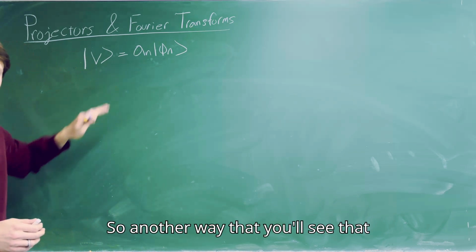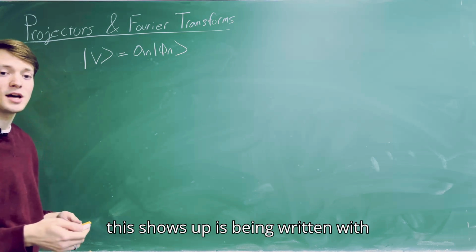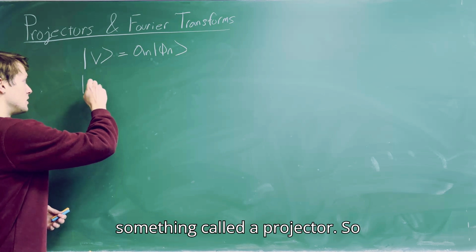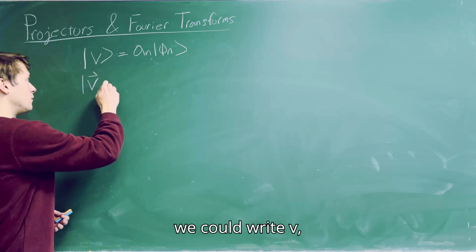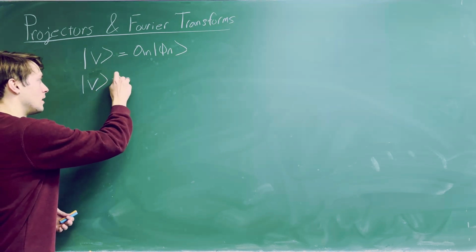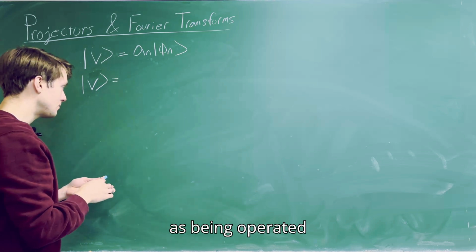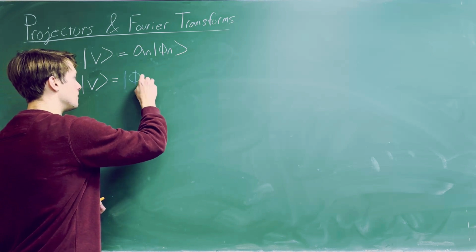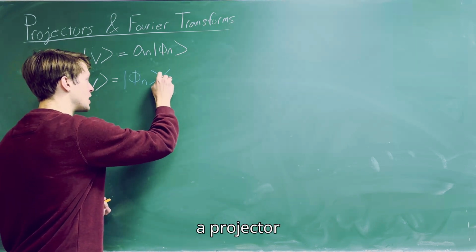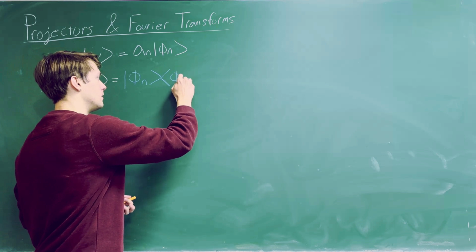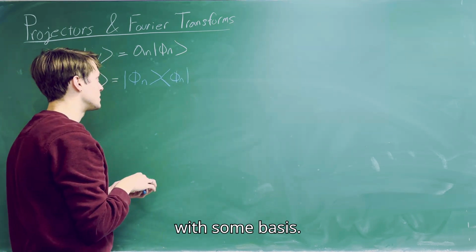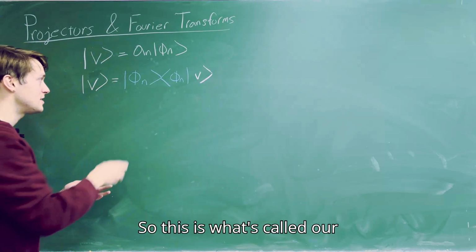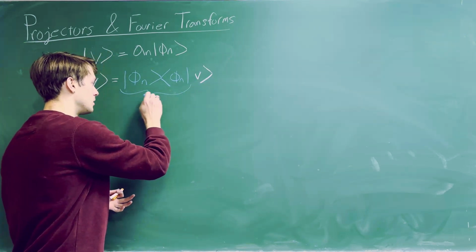So another way that you'll see this written is with something called a projector. So we could write V as being operated on by a projector with some basis. So this is what's called our projector.